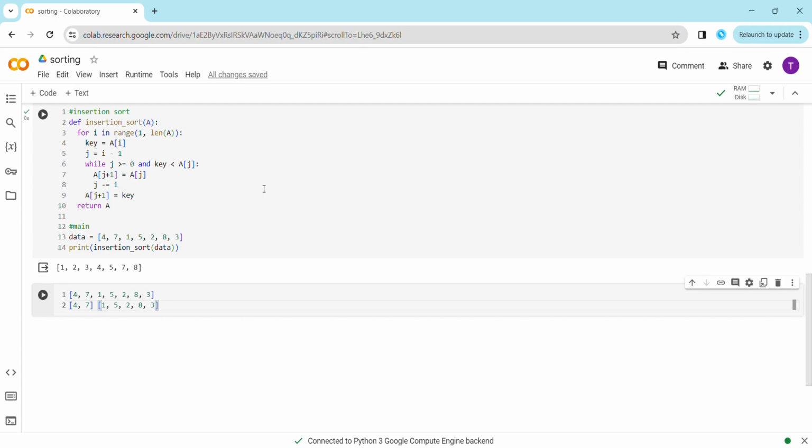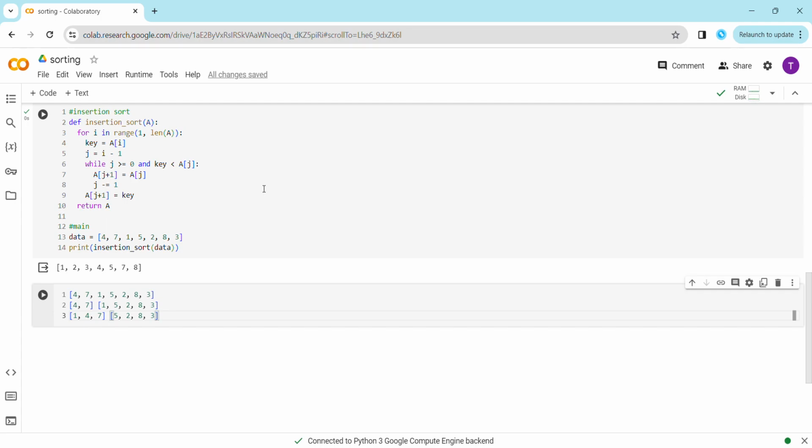So 1 is then moved into the empty first position, and these three numbers make up the sorted sub-array. The rest of the numbers still remain unsorted.